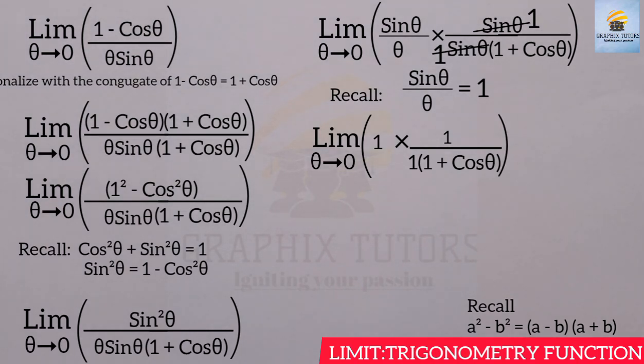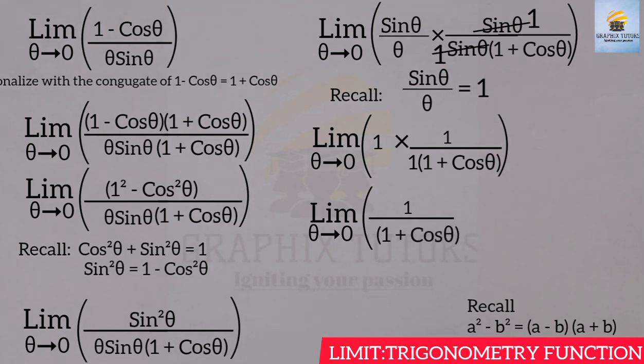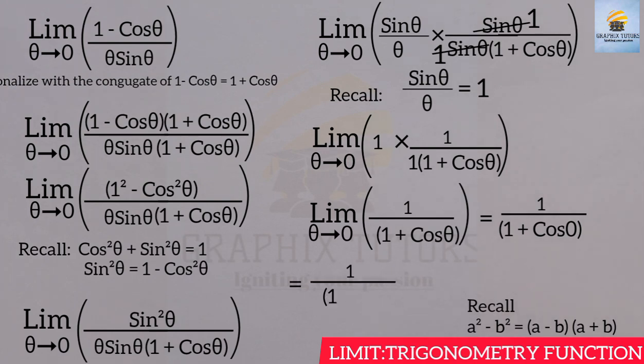Are we together now? Now if I rewrite that, 1 times anything will give you that same thing, right? So I'll be having the limit of theta tends to 0, 1 all over what? 1 plus cos theta. So if I input the value of theta in this given expression here, I'll be having 1 all over 1 plus cos 0, and cos 0 is 1, so I'll write 1 there.